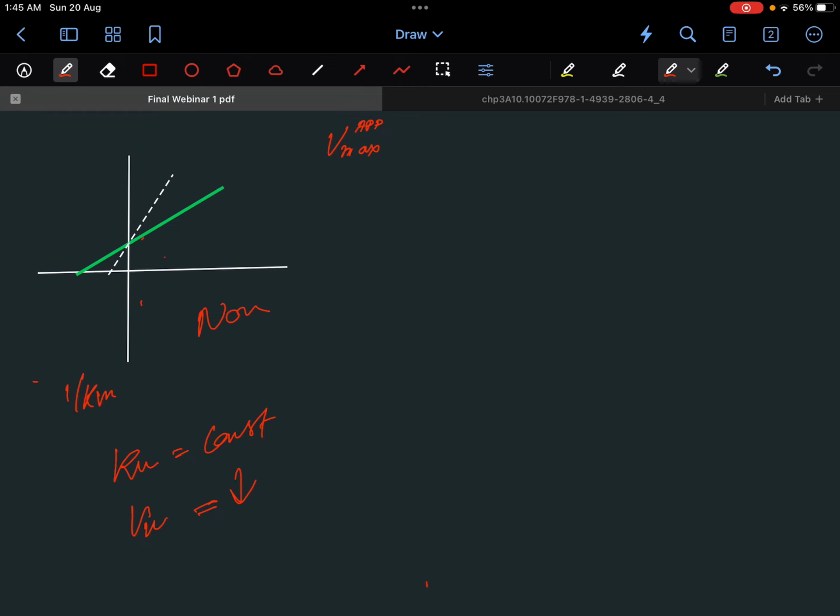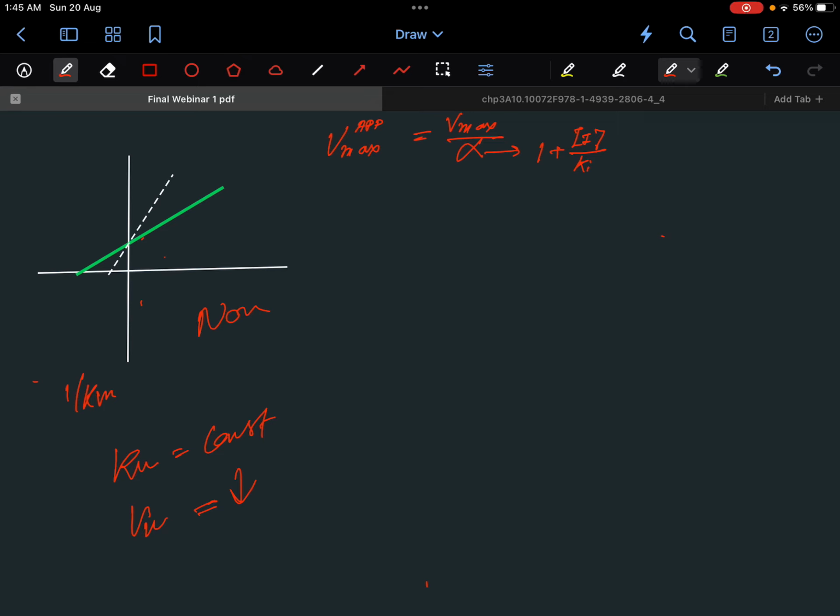So the apparent Vmax after decreasing will be Vmax divided by alpha. This is where the alpha term comes into play. What is the value of alpha? 1 plus the concentration of I divided by Ki, right?